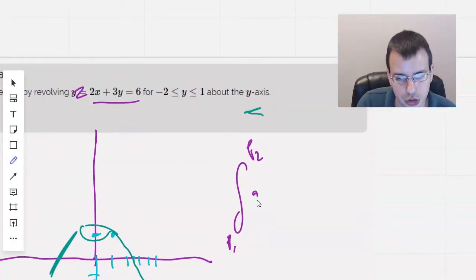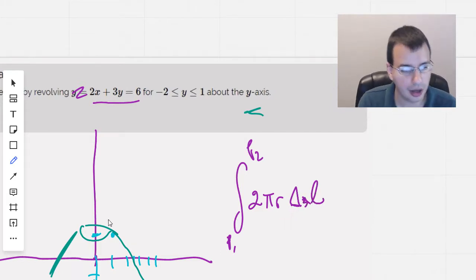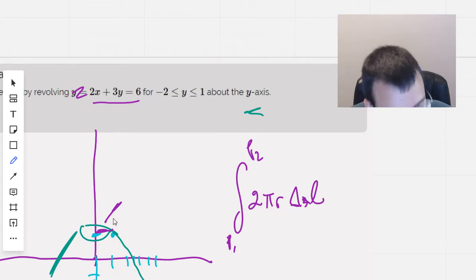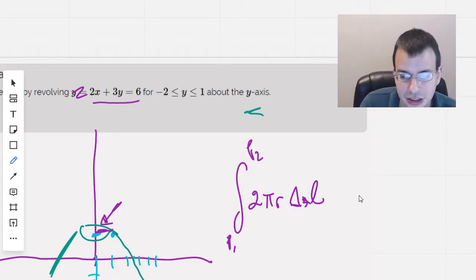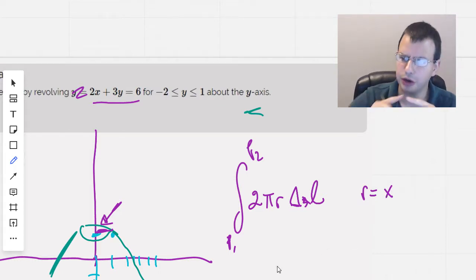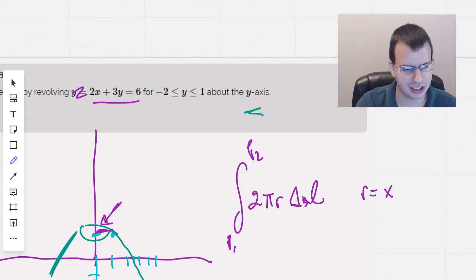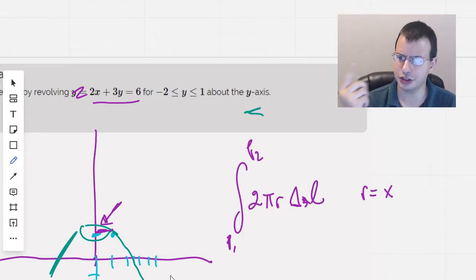We're going to do 2 pi r dl. So our r will be our x value, and we want to integrate in the y direction because that's how we get this nice symmetry of the circle.